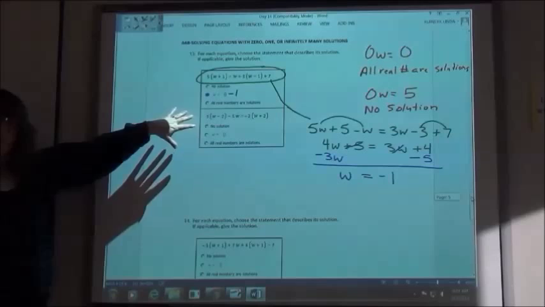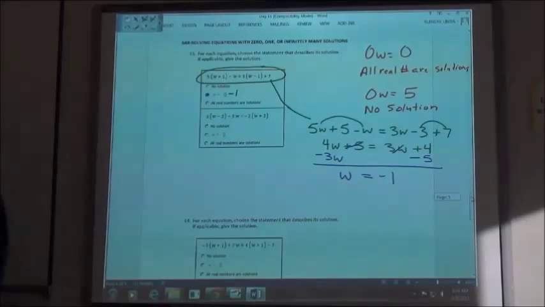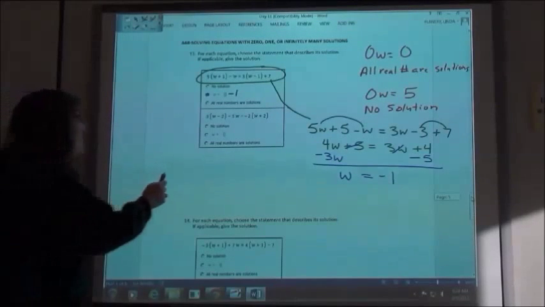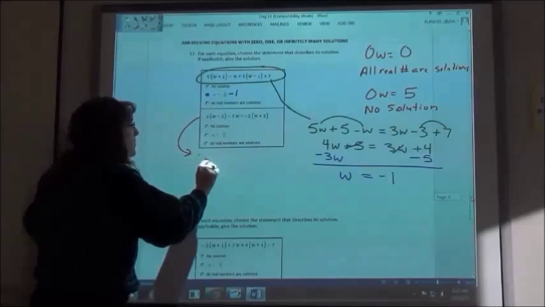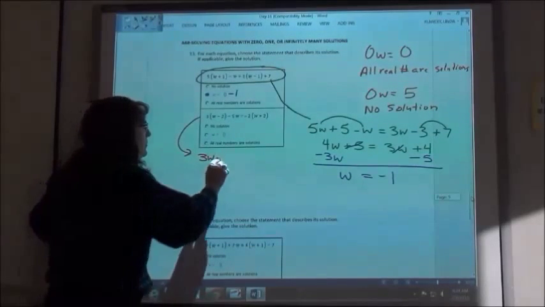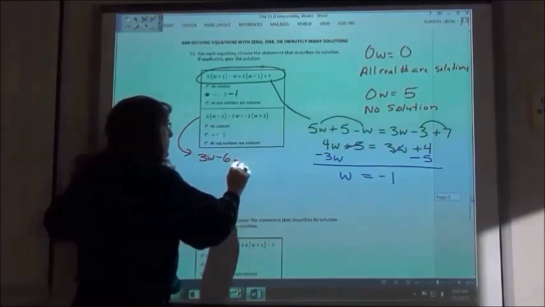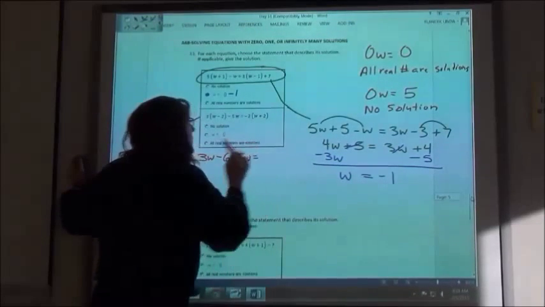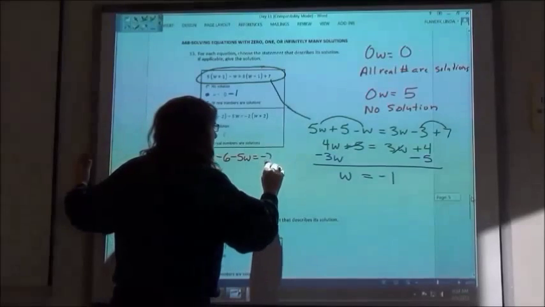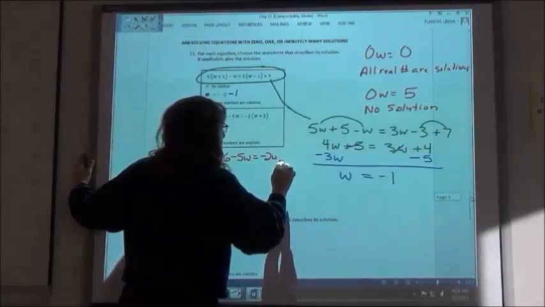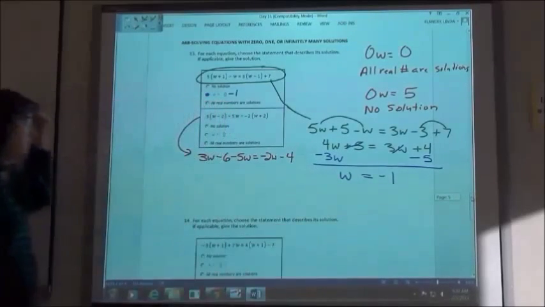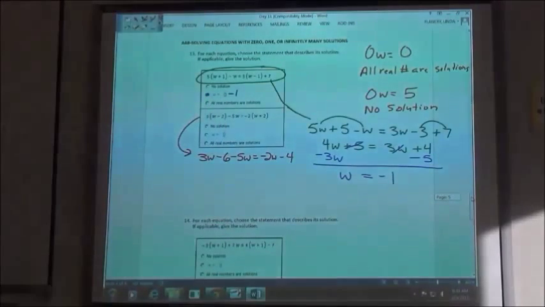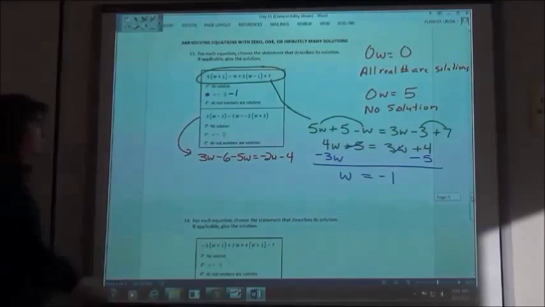Now I got to do the second one. What are we going to get? We got 3w minus 6 minus 5w equals negative 2w minus 4. What should I do next? You got to combine your like terms.